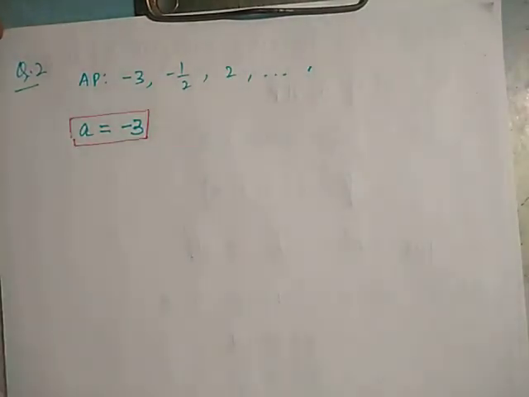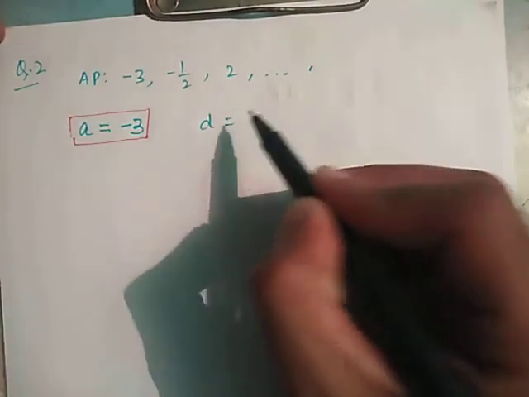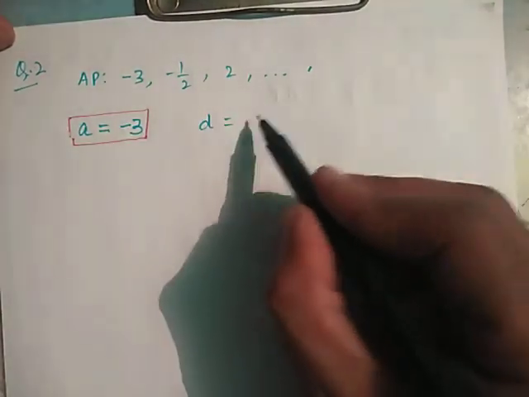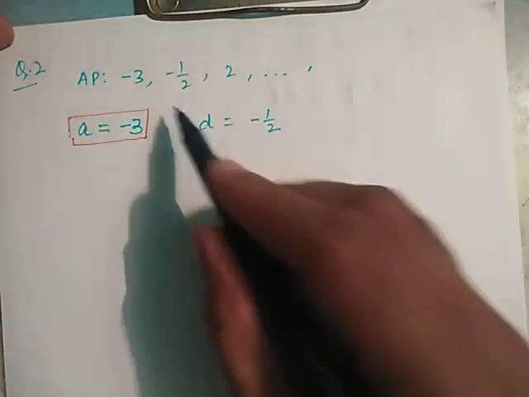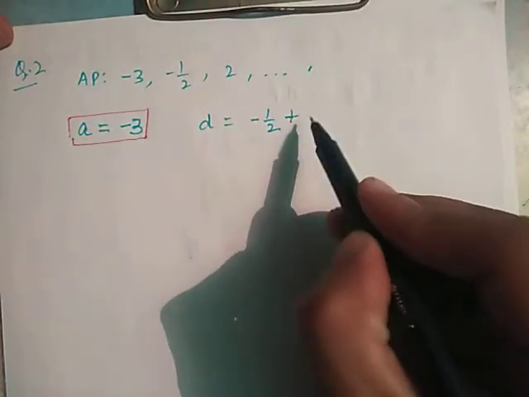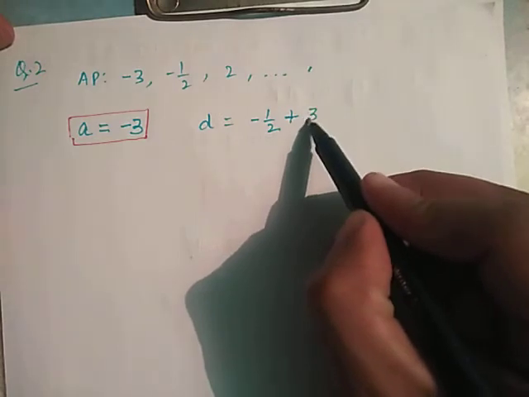Right? And then we have to find the common difference. So D will be equal to the next term minus the previous term. So A2 minus A1, we can do it as -1/2 and -3, so it will be plus 3.